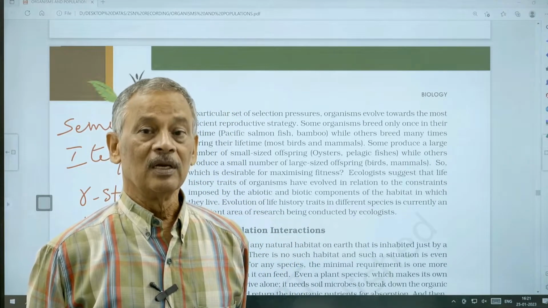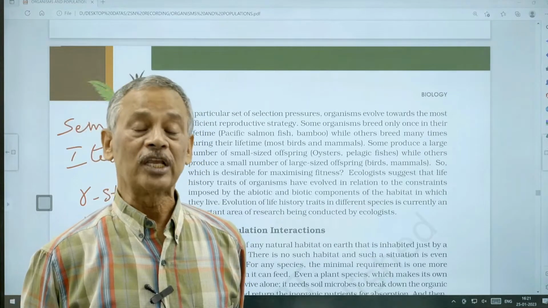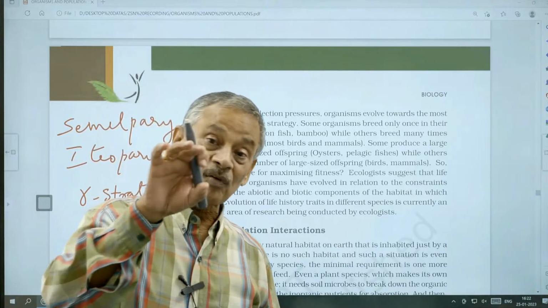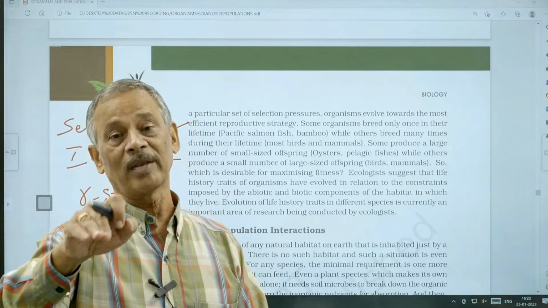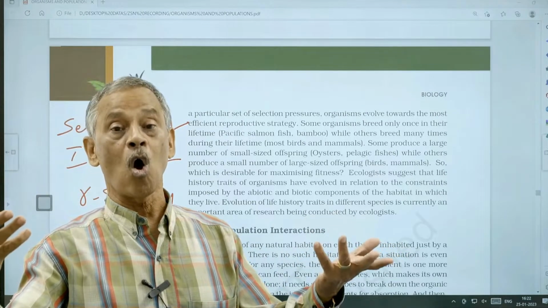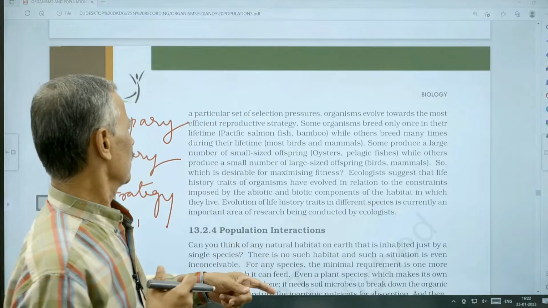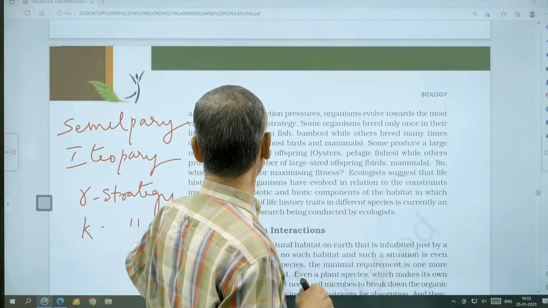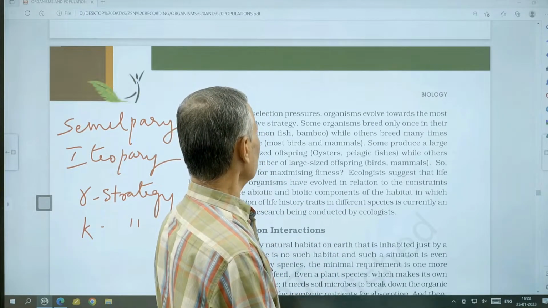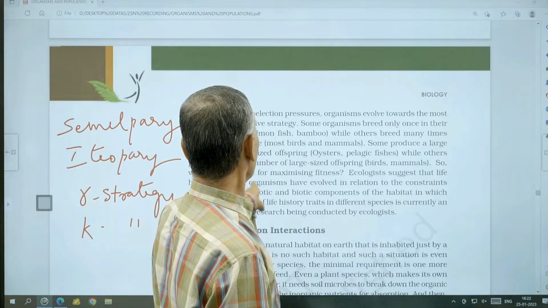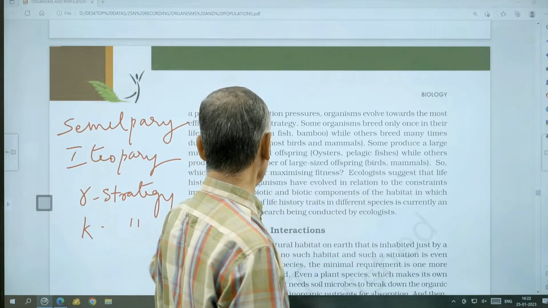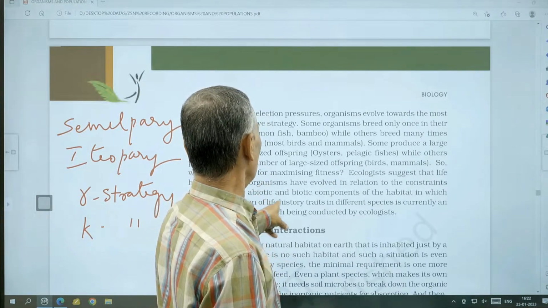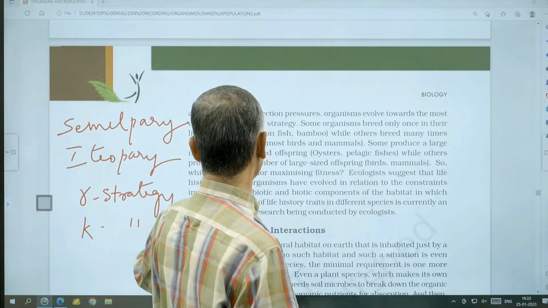Thus, it is the long history of changes undergone by organisms because of the influence of the external environment that made them evolve from simple to complex. That is why evolution of life history traits of different species is very, very important, because life history traits of organisms have evolved in relation to the constraints, restrictions imposed by the abiotic and biotic components of the habitat in which they live.